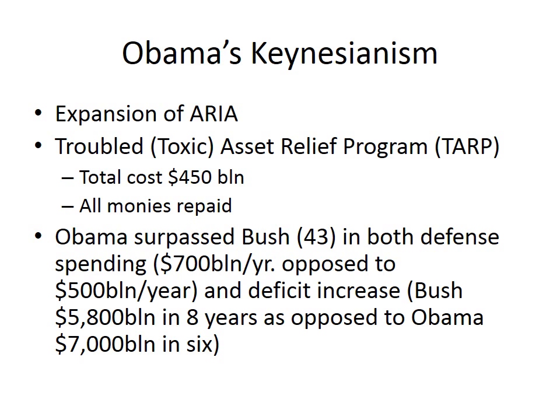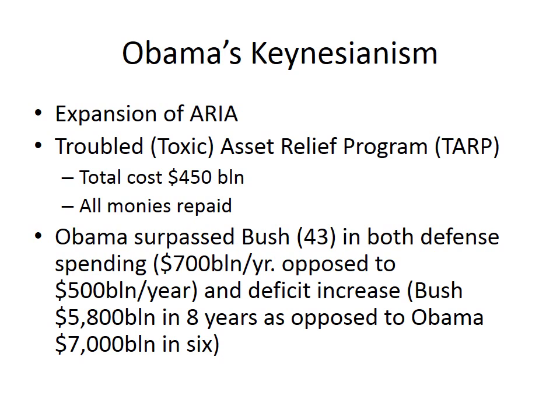Okay, continuing with domestic policy, we have what I referred to as Obama's Keynesianism, and as I've stressed a few times here, there really isn't that much of a difference between the Bush program of fiscal policy and the Obama program. As I mentioned, ARIA or ARRA, the American Recovery and Reinvestment Act, with Bush.